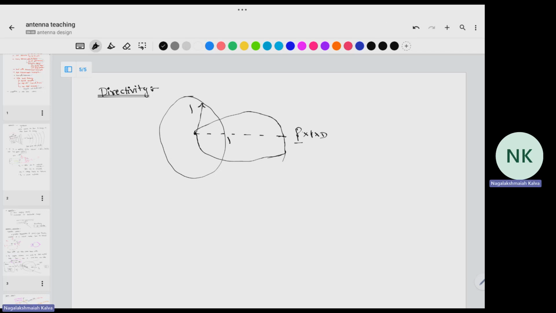So how efficiently your antenna is radiating and how directional it is, these terms will be defined in terms of directivity and gain. One term is directivity: when compared to an isotropic radiator, how much extra intensity you are able to achieve at this point.